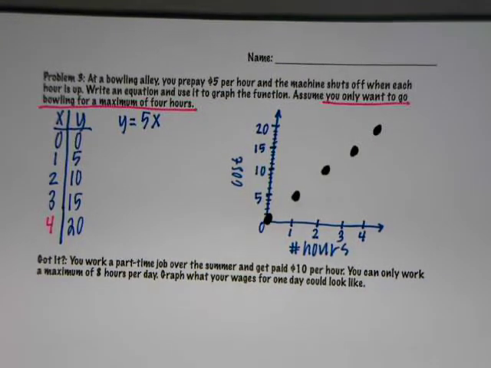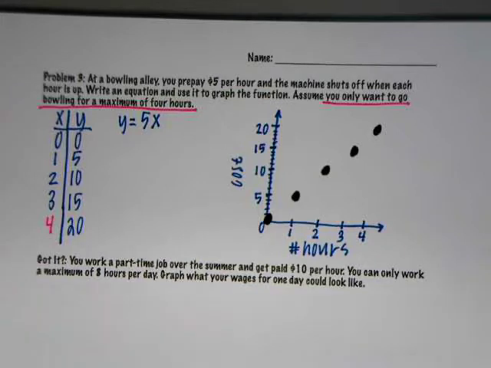All right, so then we're going to look and try to find some information that tells us whether or not this is going to be discrete or continuous. So we're trying to figure out if I am only able to purchase whole hours or if I could do all the in-betweens. Like if I could bowl and pay for 1 hour and 27 minutes, okay?